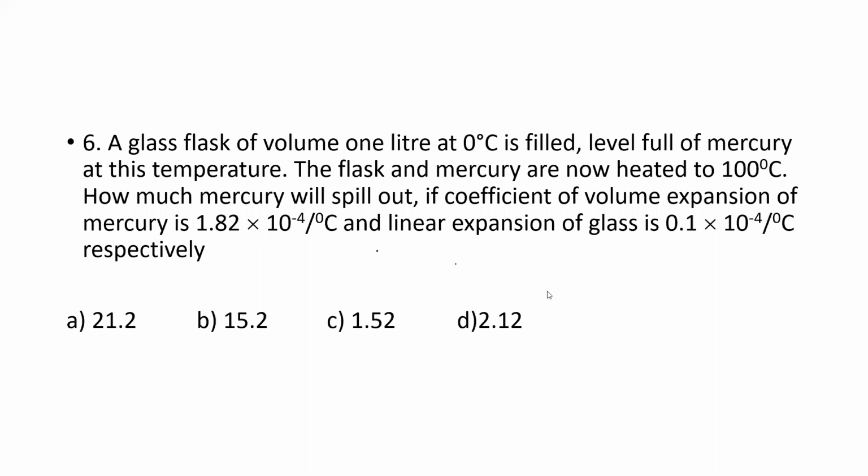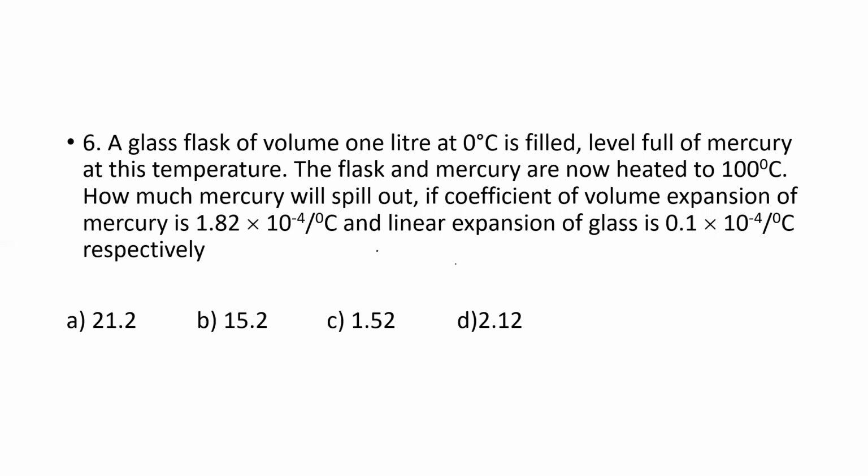The flask and mercury are now heated to 100 degrees Celsius. How much mercury will spill out if the coefficient of volume expansion of mercury is 1.82 into 10 raised to minus 4 per degree Celsius and linear expansion of glass is given as 0.1 into 10 raised to minus 4 per degree Celsius respectively.